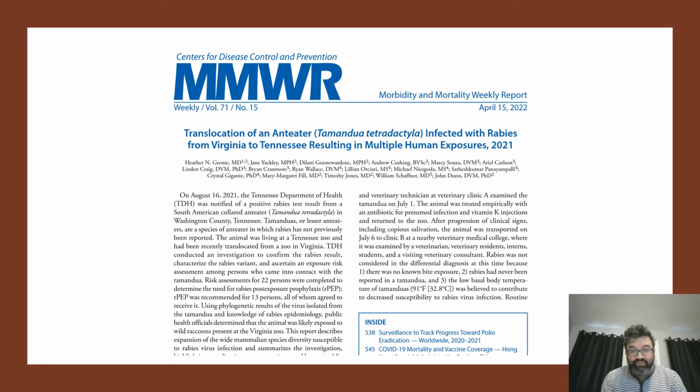This is an example of a zoonotic disease, an anteater that was infected with rabies. And rabies is dangerous, causes a lot of very severe symptoms within humans, hydrophobia, many different symptoms.